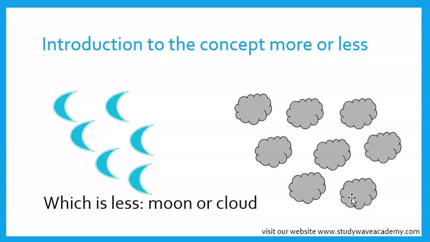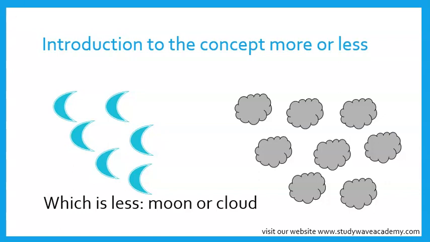So the moon is less. Do you understand the concept more or less now? You do, right? Okay. So more is a greater quantity or number of items like the examples we have, and less is a smaller quantity or number of items, right?